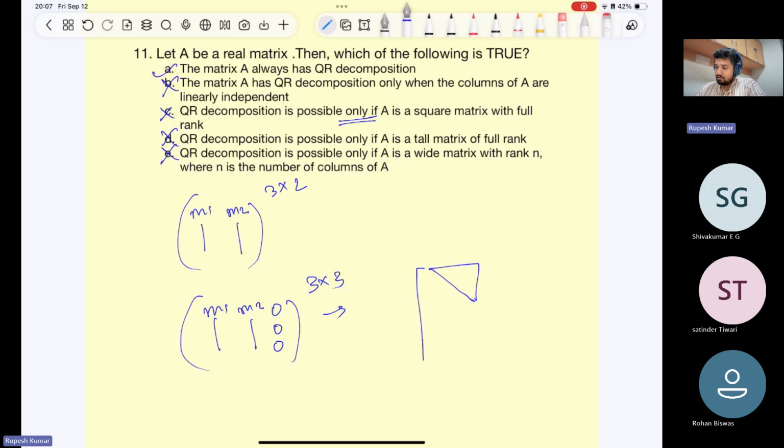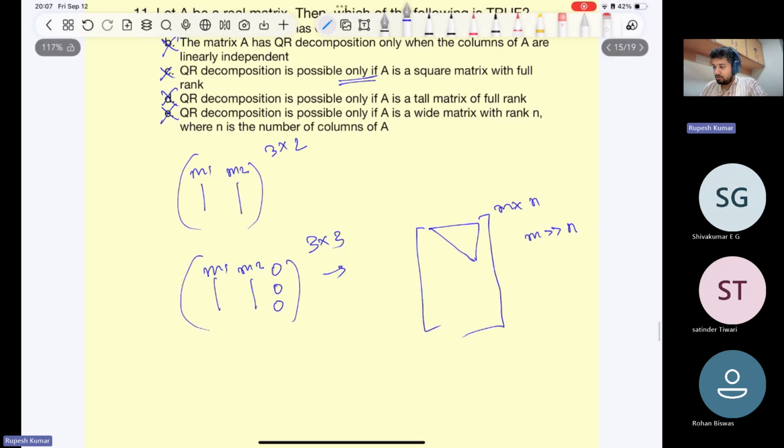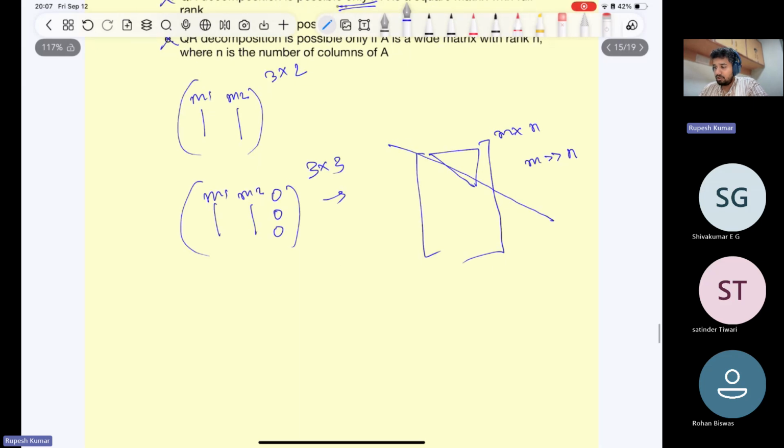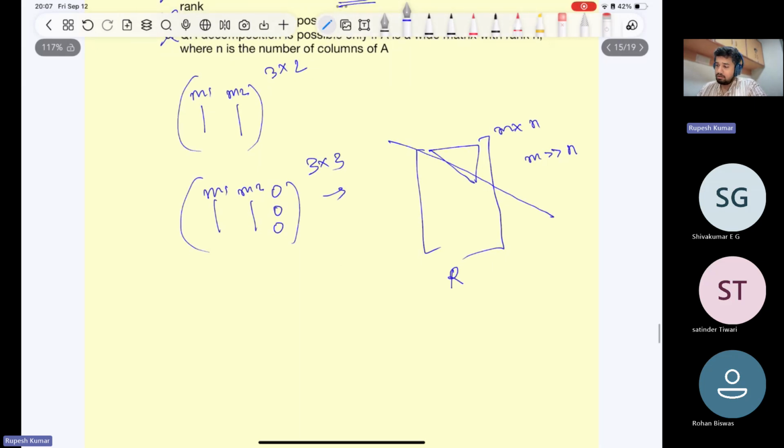Let's say it's a rectangular matrix that looks like this, M cross N with M greater than N. You will see that the diagonal looks like this, and this is an upper triangular matrix. So all these entries are zero.